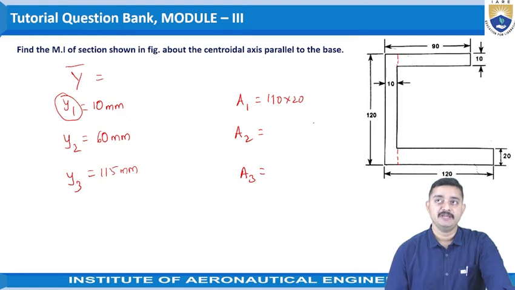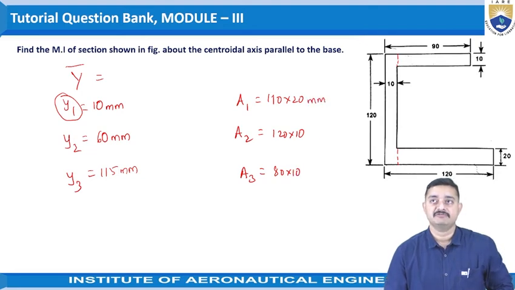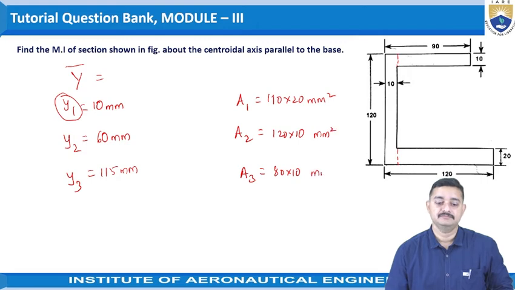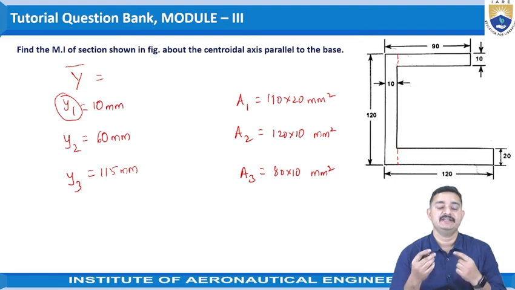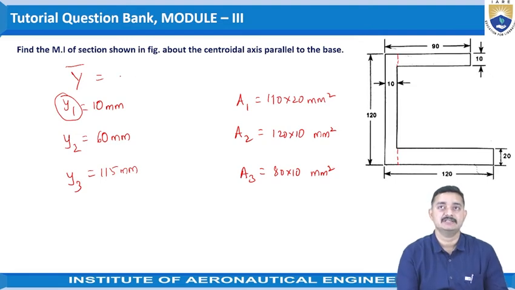And A2 would be 120 into 10. And then A3 would be 80 into 10. So this is in mm squares. So in this way, we have identified the details which can be kept in this sigma ay by sigma a.